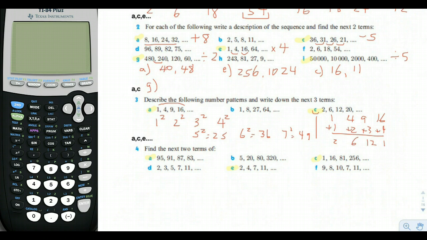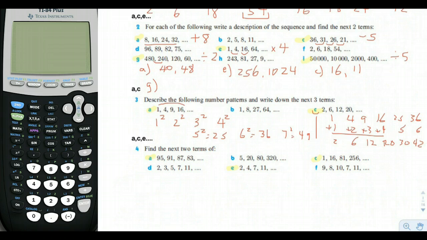Okay, so the next couple numbers would be, let's see, 25 and 36 here. Will be plus 5 and plus 6. So that would be 30, and this would be 42.